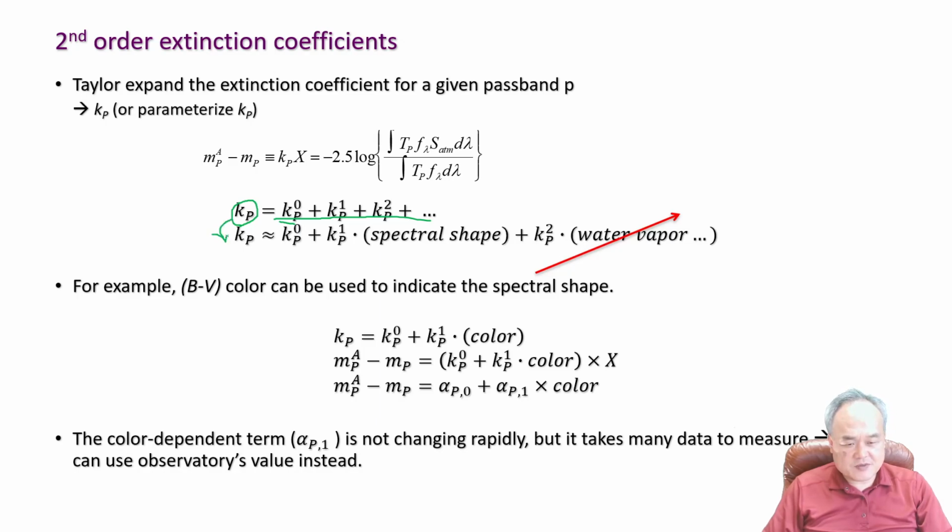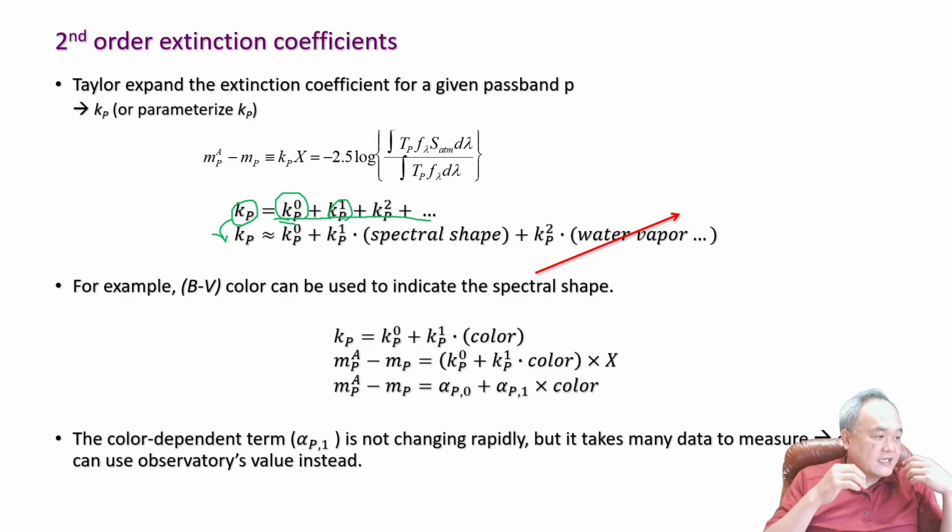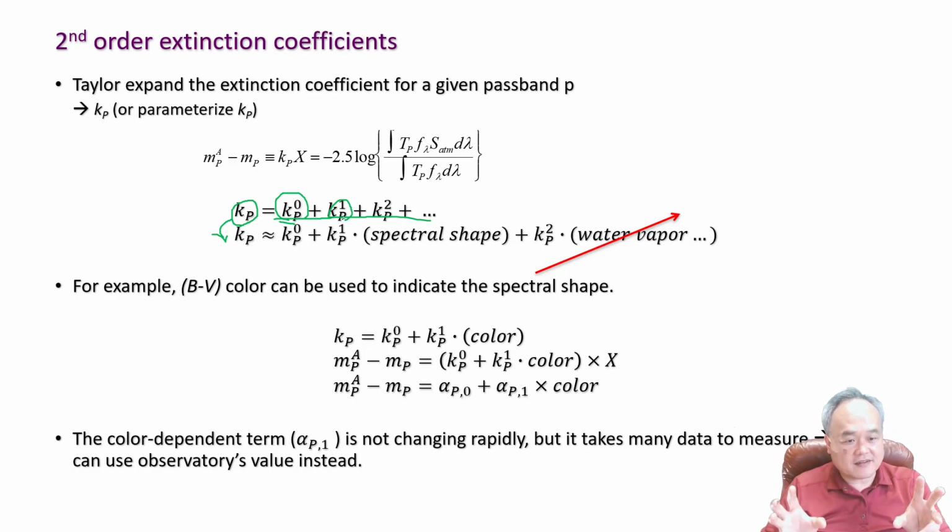The extinction coefficient can be parameterized in such a way that the zeroth order is the constant, and the next coefficients indicate the next most dominant effects.